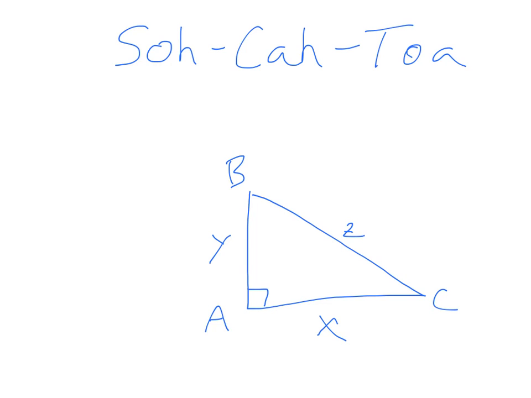So if I have an angle, which we'll look at angle C, we'll look at the sine ratio first. The sine ratio is equal to the opposite side over the hypotenuse.